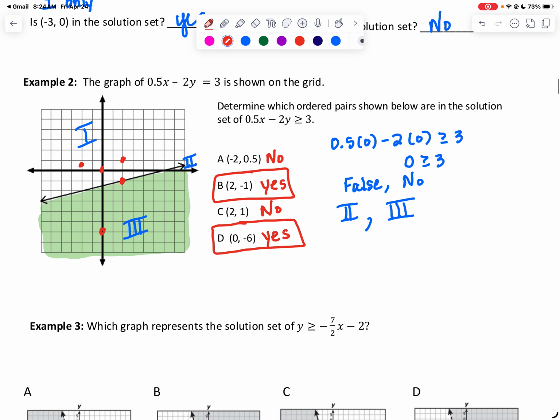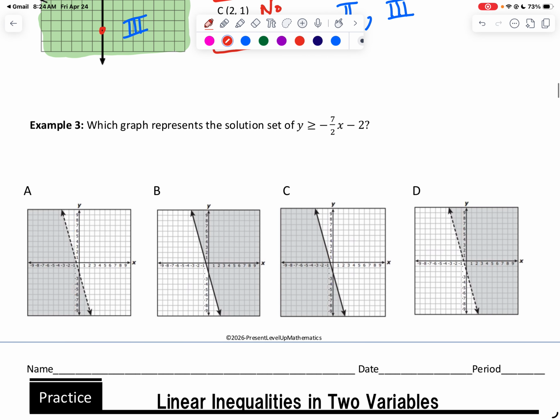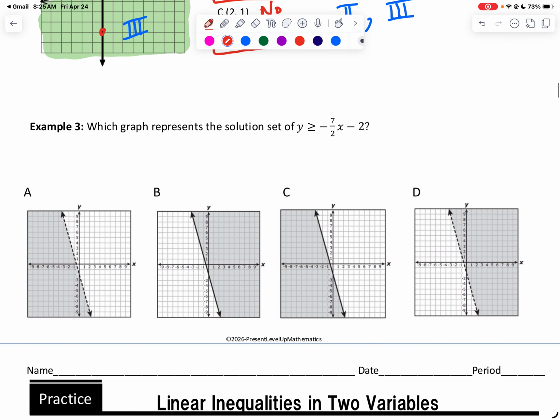All right, example 3. Which graph represents the solution set for y is greater than or equal to -7/2x minus 2? And then they've given us 4 multiple choice answers. Now, this is a very common type problem you'll see on a standardized test. So on a standardized test, the first thing I always want to do is see if I can eliminate any obviously bad answers.